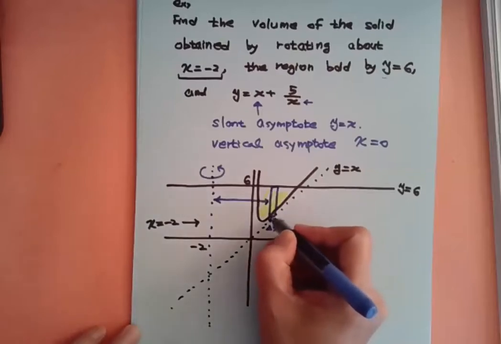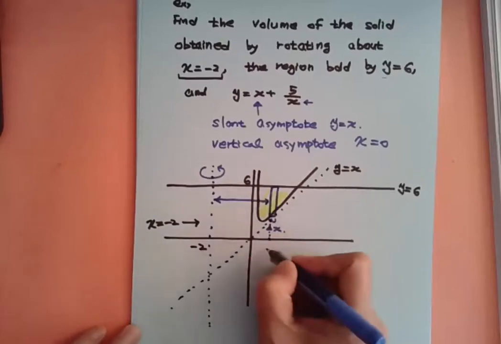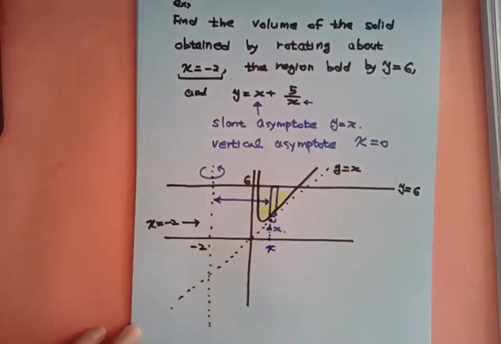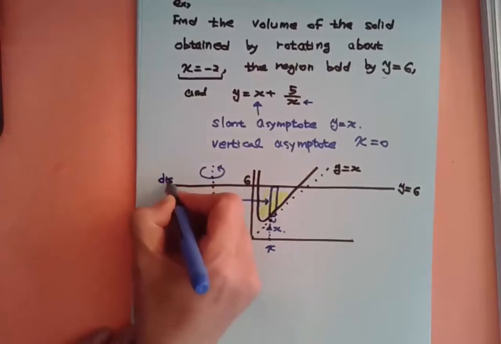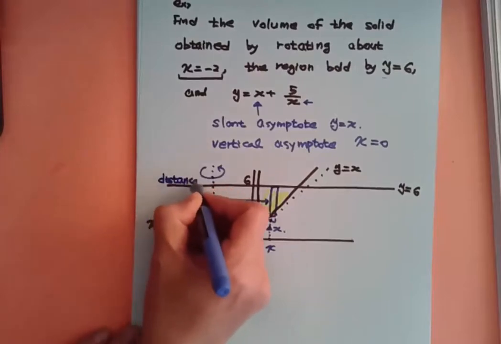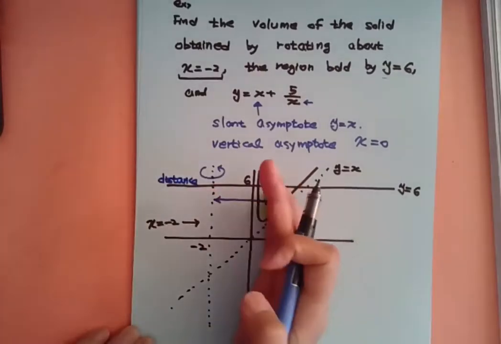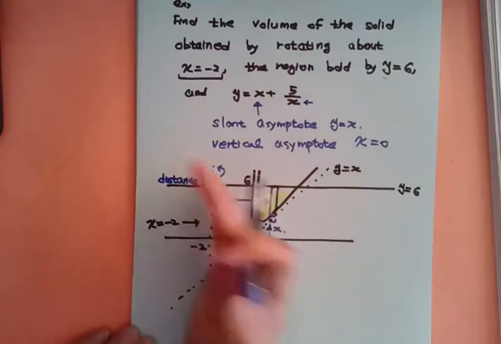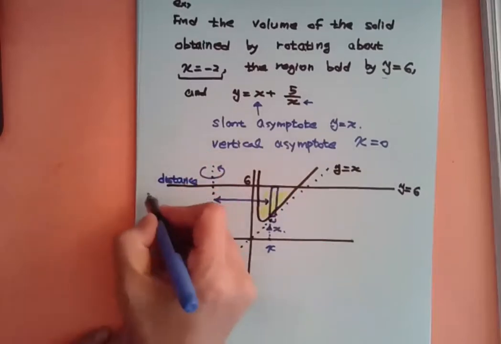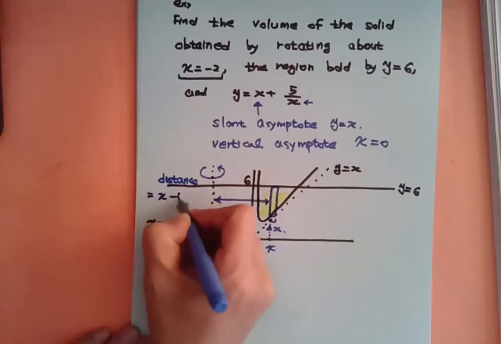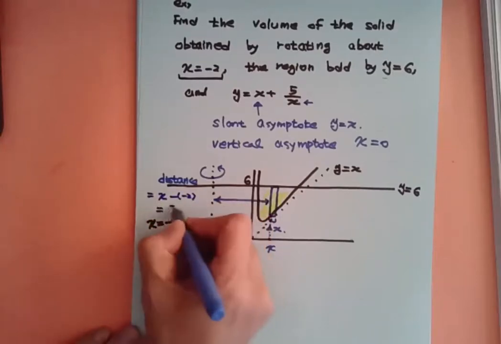Let's say this value is just x, any point x. Then the distance between this vertical line and this vertical line will be x minus -2, which means x plus 2.